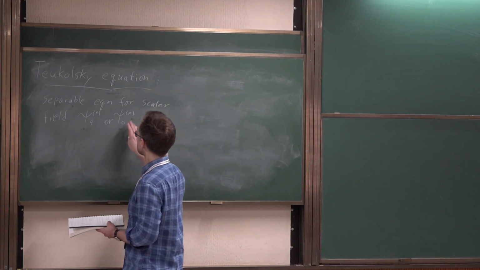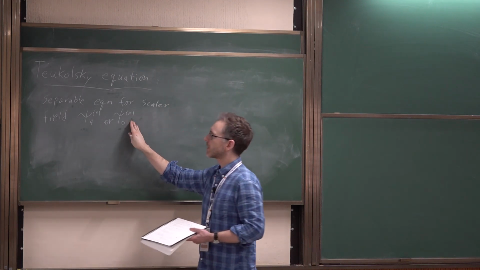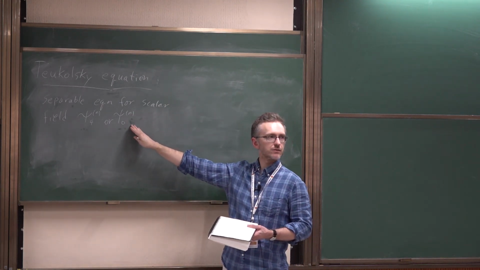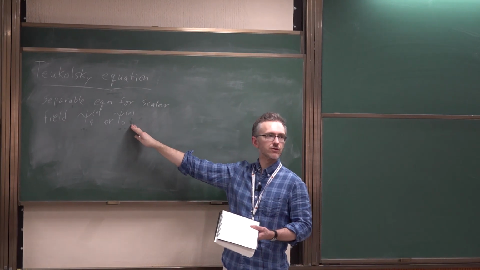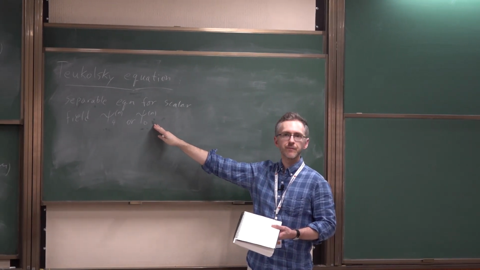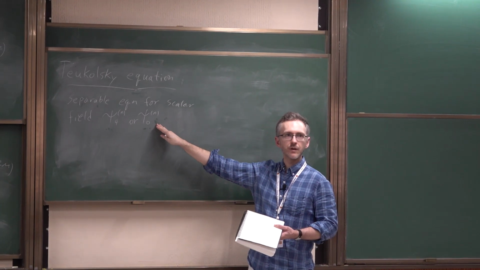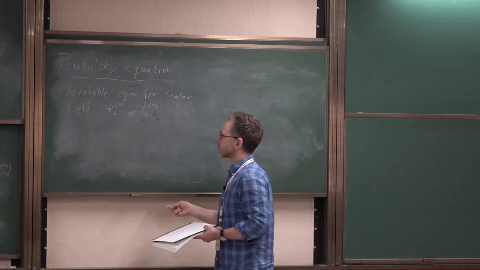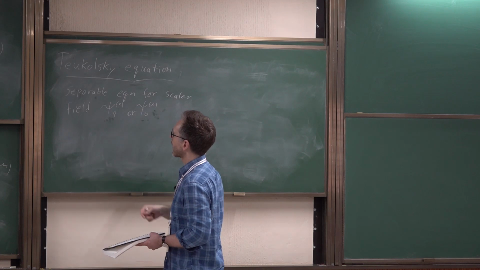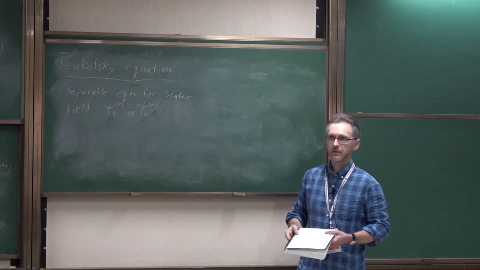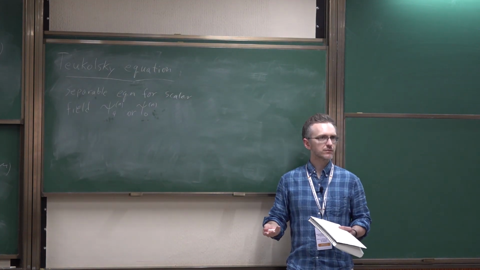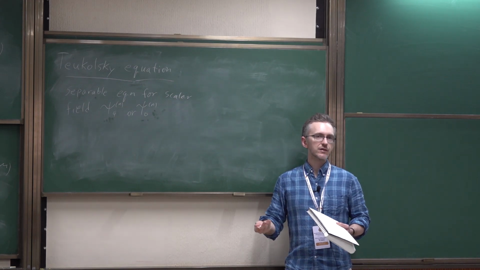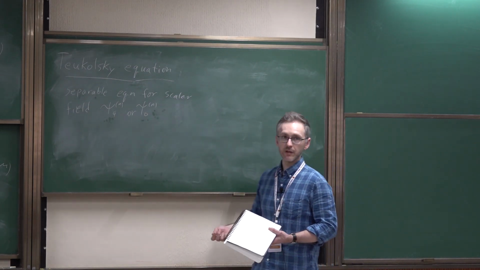Okay, so these scalars, has everyone been introduced to the Weyl scalars? Or are there people who haven't been introduced to the Weyl scalars? Okay, a few people. So these are projections of the Weyl tensor. Has everyone been introduced to the Weyl tensor? So the Weyl tensor is the trace-free piece of the Riemann tensor.